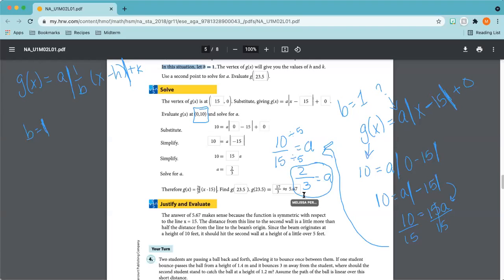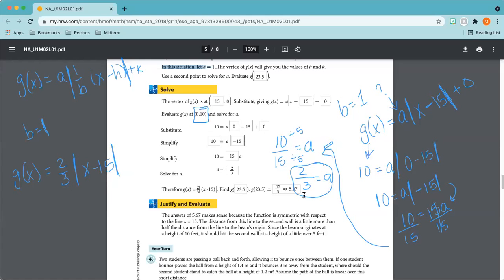Kind of all over the place here. But now my final equation is g of x equals 2/3 absolute value of x minus 15. I'm almost done, but I'm not done yet.